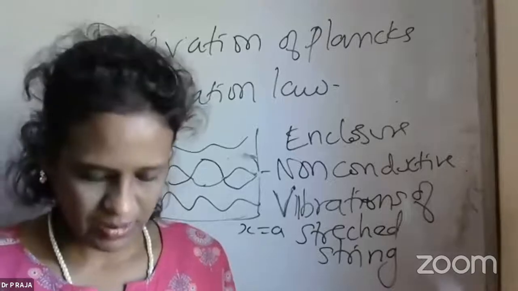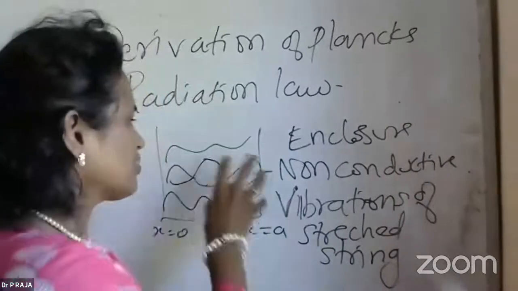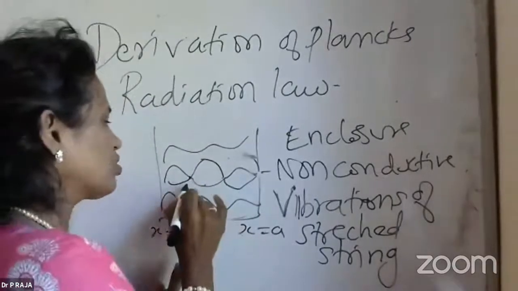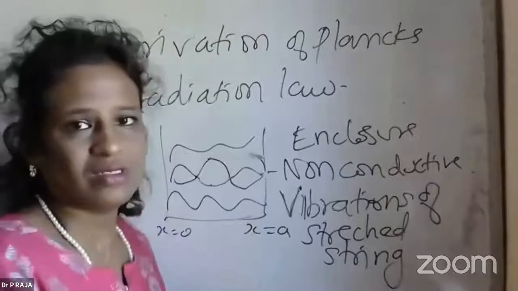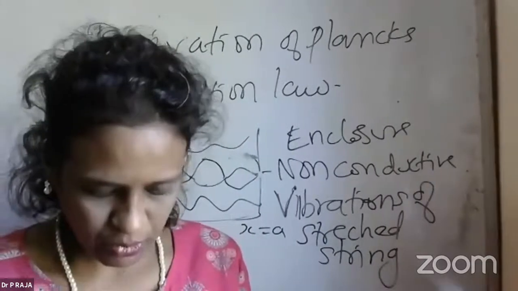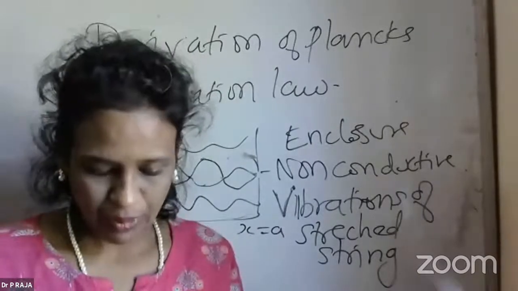We are going to use a similar analogy for this. As you know, once there is interference happening, there will be nodes and antinodes formed in a stationary wave pattern.